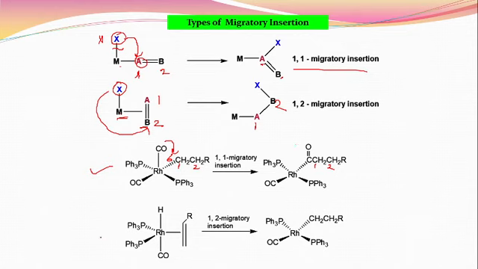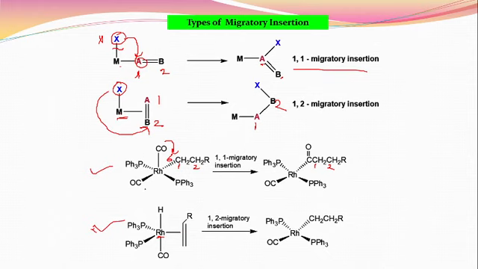Okay, let me see another type of insertion, that is 1,2 migratory insertion. What is the condition for this 1,2 migratory insertion? Here the metal forms a pi bond with the molecule. That means this molecule has a pi system, and this pi system is bonded to the metal.